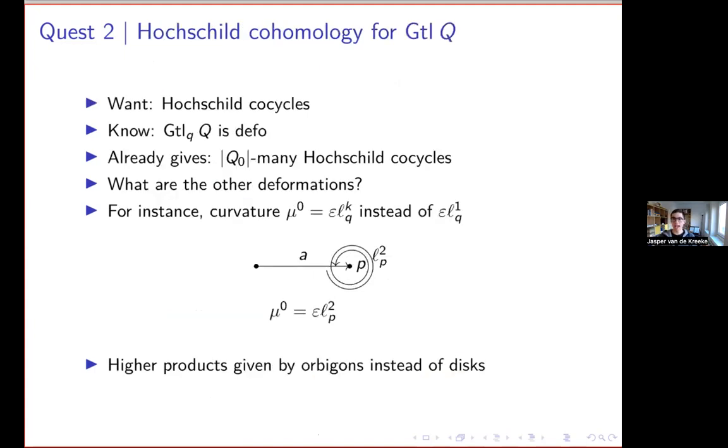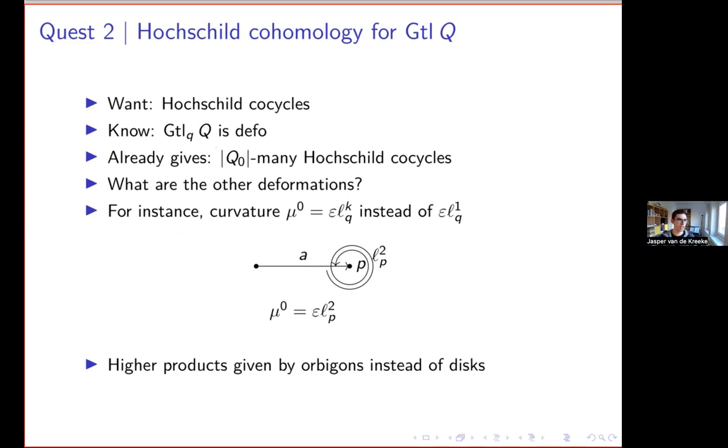Now, how does it work for gentle algebras? If we wanted to do the minimum model computation here, we first need all Hochschild cocycles, a representative and a basis for cohomology. How do we get this? We already know one specific deformation, right?